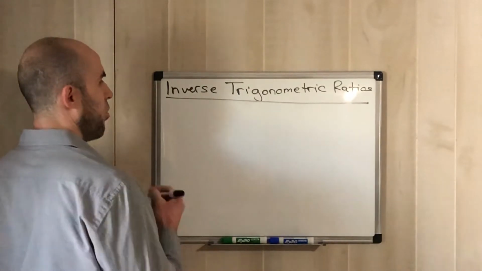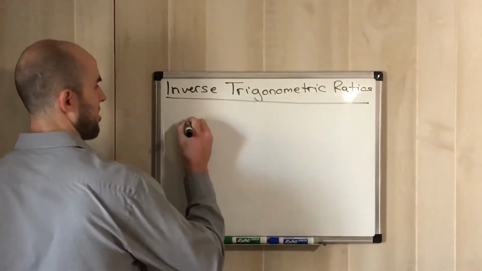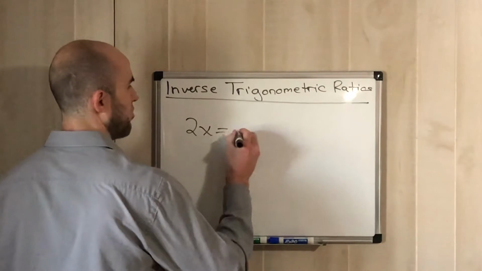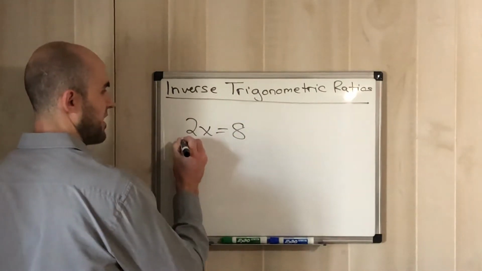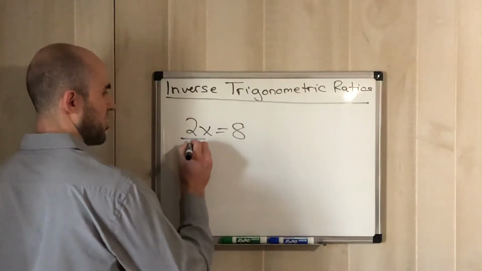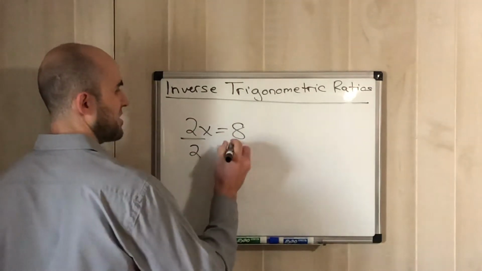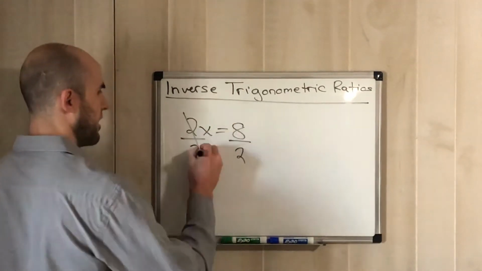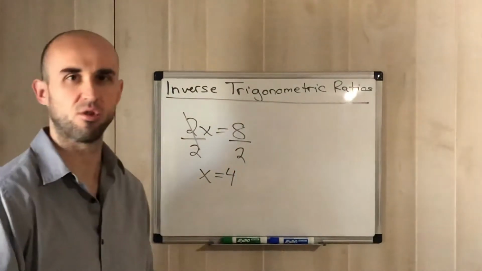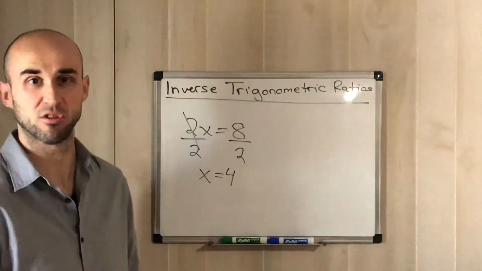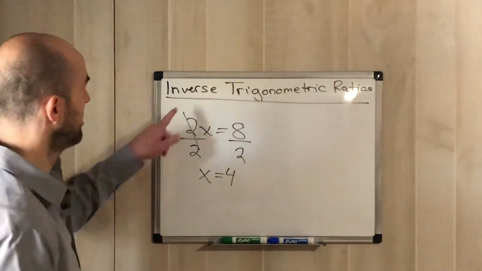So whenever we have an equation, right? Let's say we have the equation 2x equals 8, and we want to solve for x. You would end up doing the opposite, right? The inverse operation. So the opposite of multiplication is dividing. Divide by 2, right? And then x would give us 4. That's just how you solve equations. You always do the opposite, you do the inverse operation.